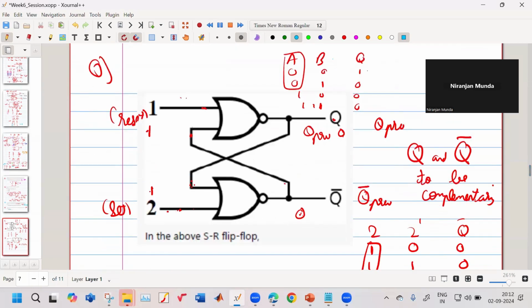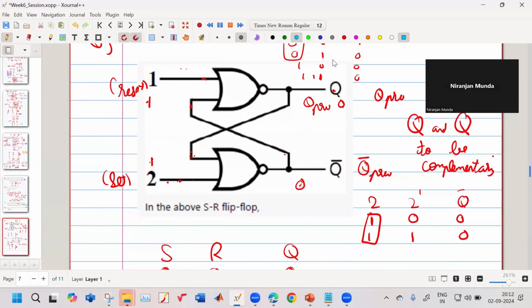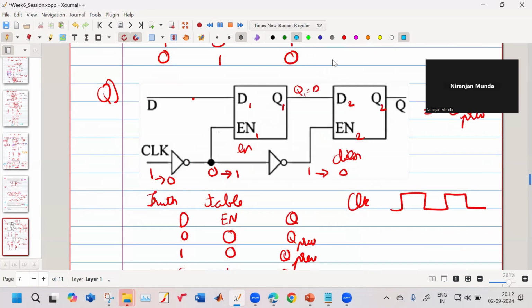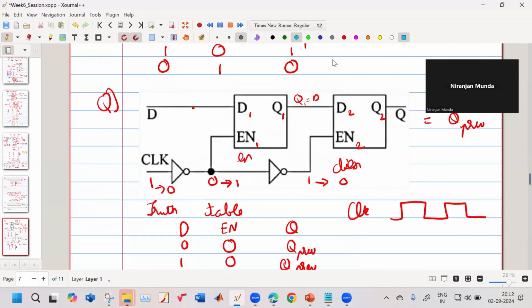Now this is the SR flip-flop, which is made of NOR gates and not XOR gates. Then there is a D flip-flop, which is event triggered. Based on an event, only then will it change its value.